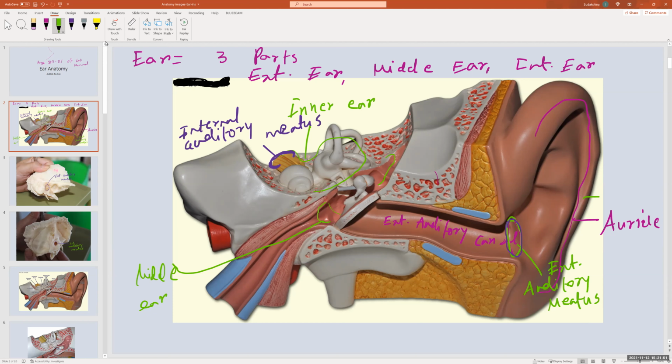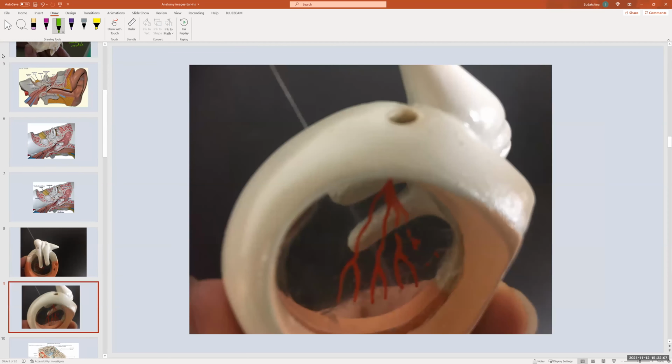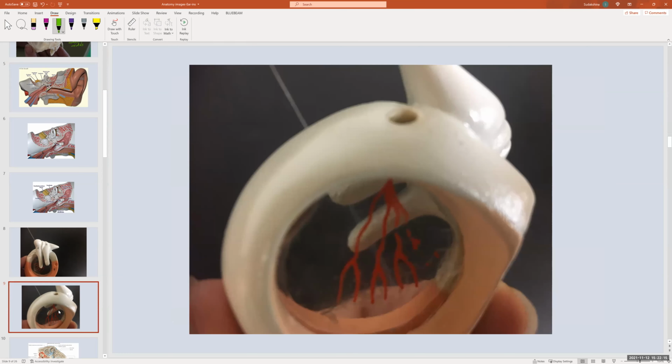At the end of the external auditory canal, this is a bony part which houses what we call the tympanic membrane. The tympanic membrane, this is what it looks like. So what I did, I am extracting this part and we are looking at it here.